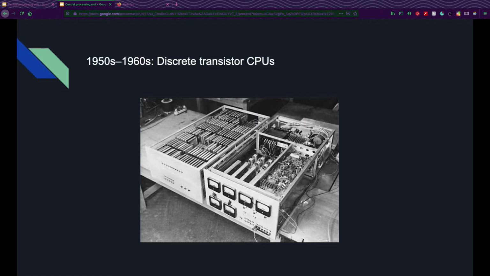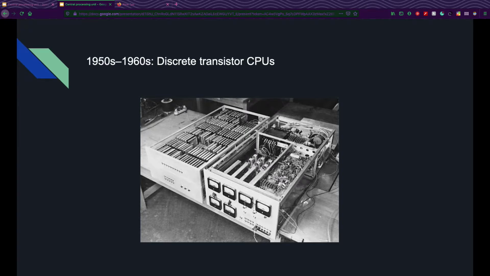This is just the CPU. But this in itself was a huge improvement from the mainframe computers, because rather than using vacuum tubes, these computers introduced discrete transistors, which play a very important role in the invention of the microprocessors.